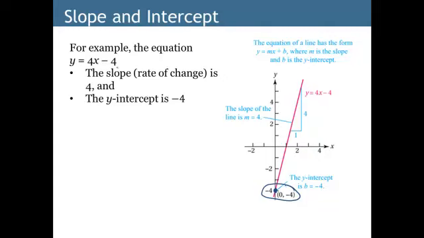And since the slope is 4, slope, if you remember, is your change in y over your change in x. So 4 as a fraction is 4 over 1. So change in y means you went up 4 and then you went over 1. And so that gives you another point, and then you could do that again, up 4 over 1 gives you another point, and those points would make a line.